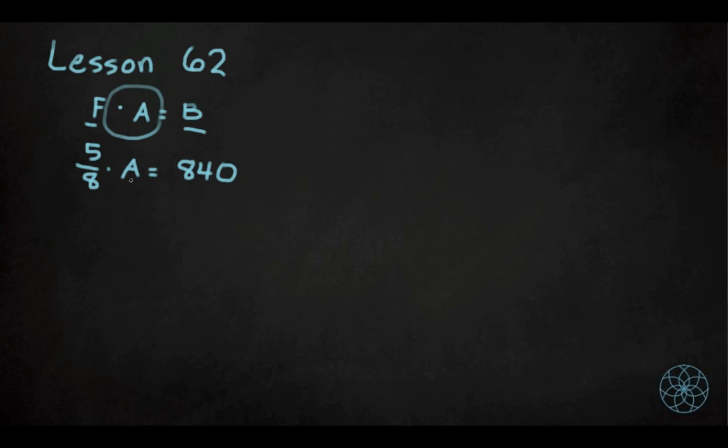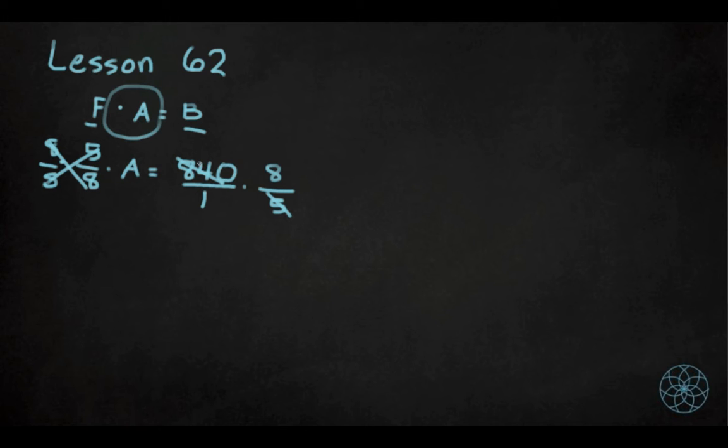So to do that, we want to get A by itself. Let's divide this side by 5/8, which will mean multiplying it by 8/5. The reciprocal, that will cancel. Let's also multiply the right side by 8/5. And then we can simplify that.